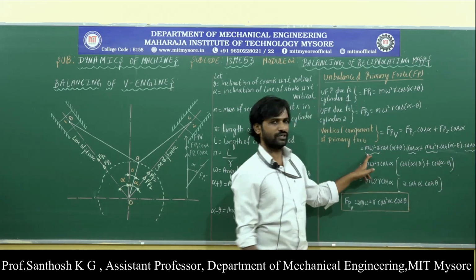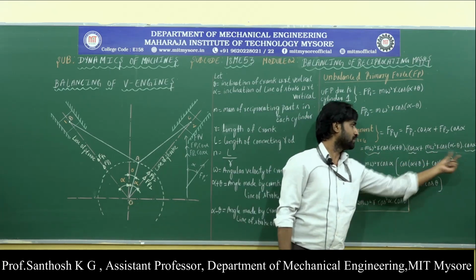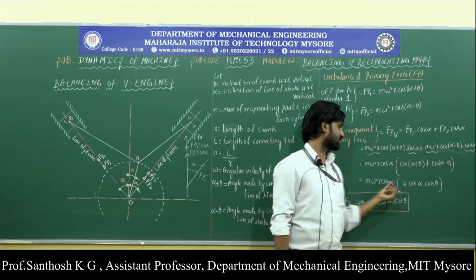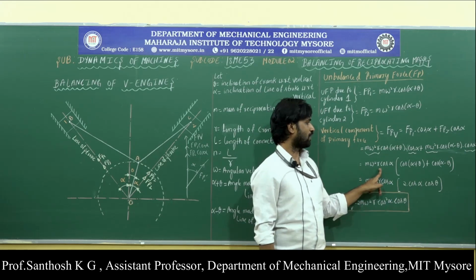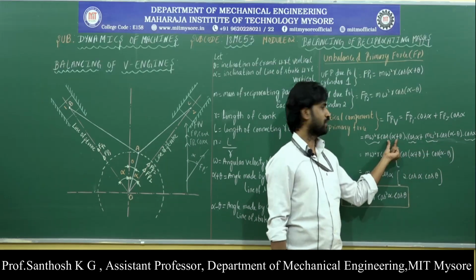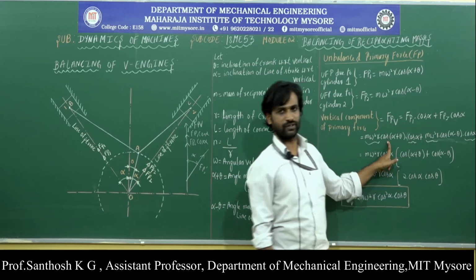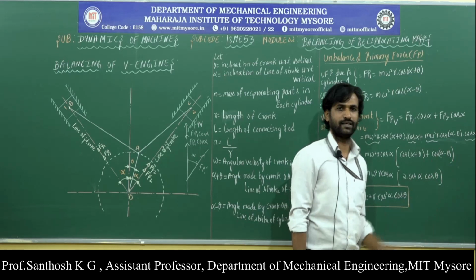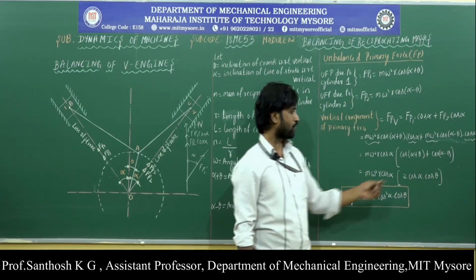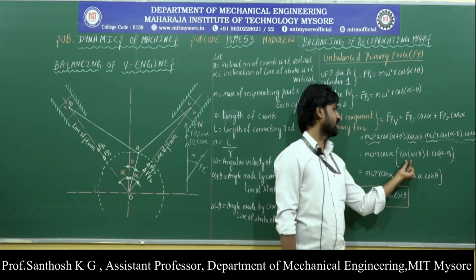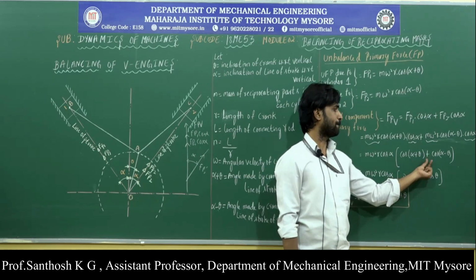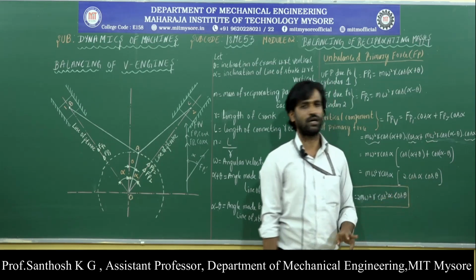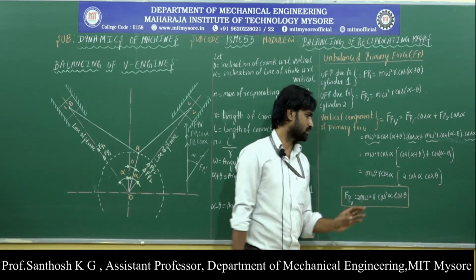So I will take these terms outside the bracket. So m omega square r into cos alpha, left with cos of alpha plus theta in the first term, and cos of alpha minus theta in the second term. From trigonometry, we can write cos of alpha plus theta plus cos of alpha minus theta as 2 into cos of alpha into cos theta.